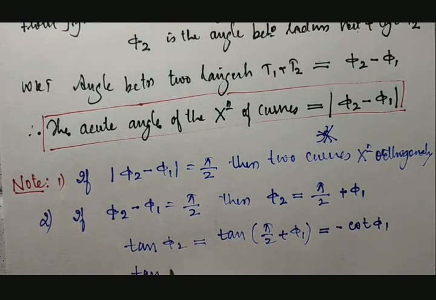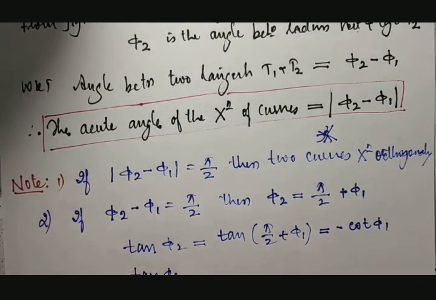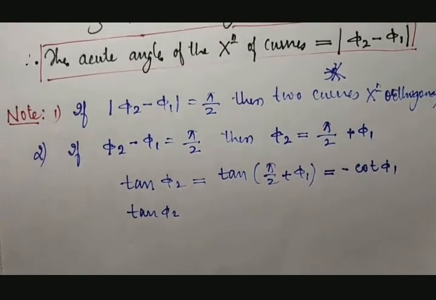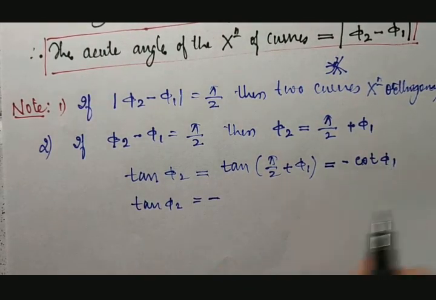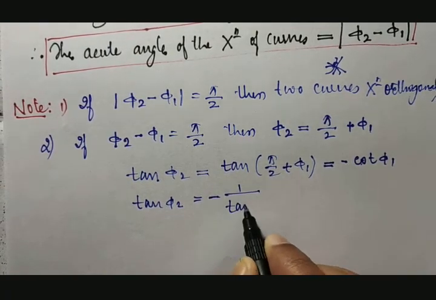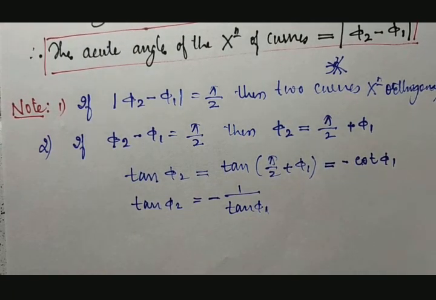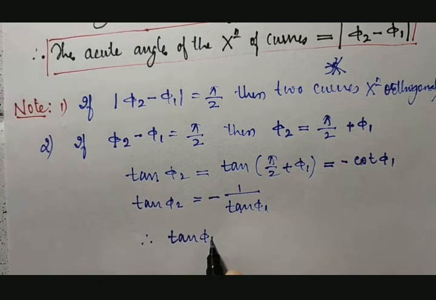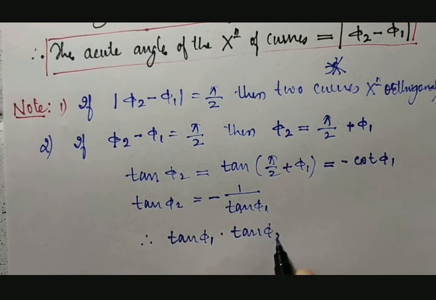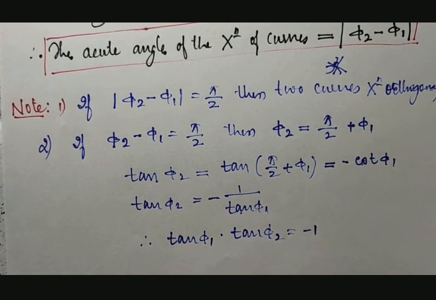Therefore, tan pi 2 is equal to minus of cot pi 1, that is 1 divided by tan pi 1. Therefore, tan pi 1 into tan pi 2 is equal to minus 1.